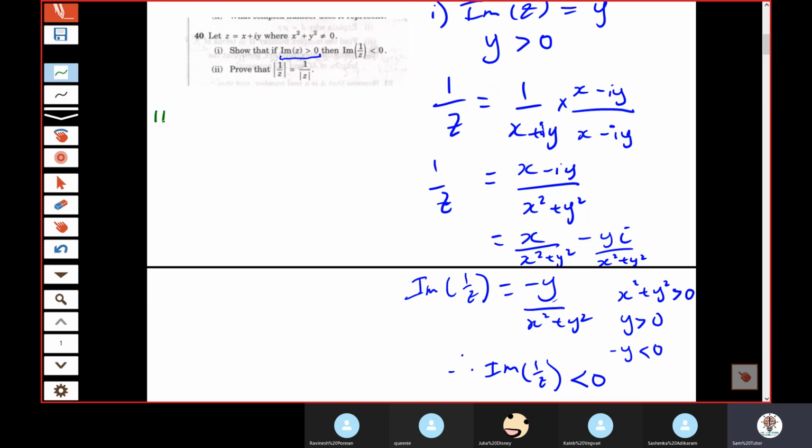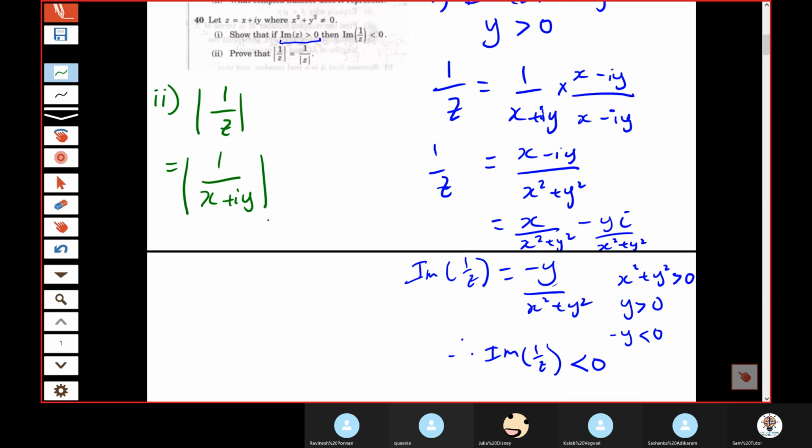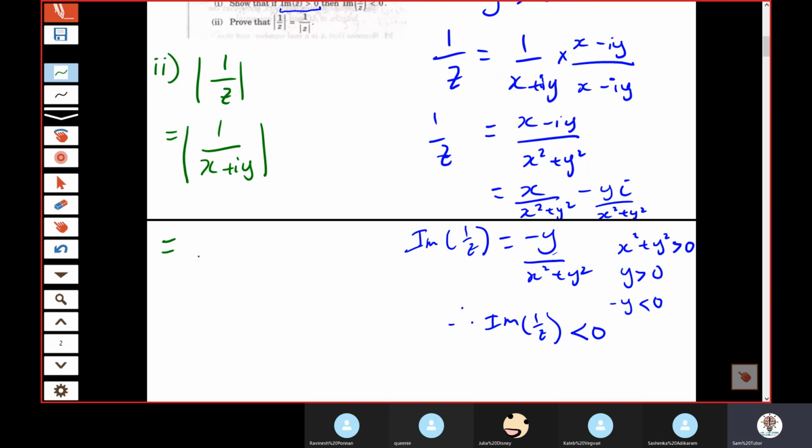Let's try part (b). The modulus of 1 on Z equals the modulus of 1 on... equals, oh, this is going to be fun.